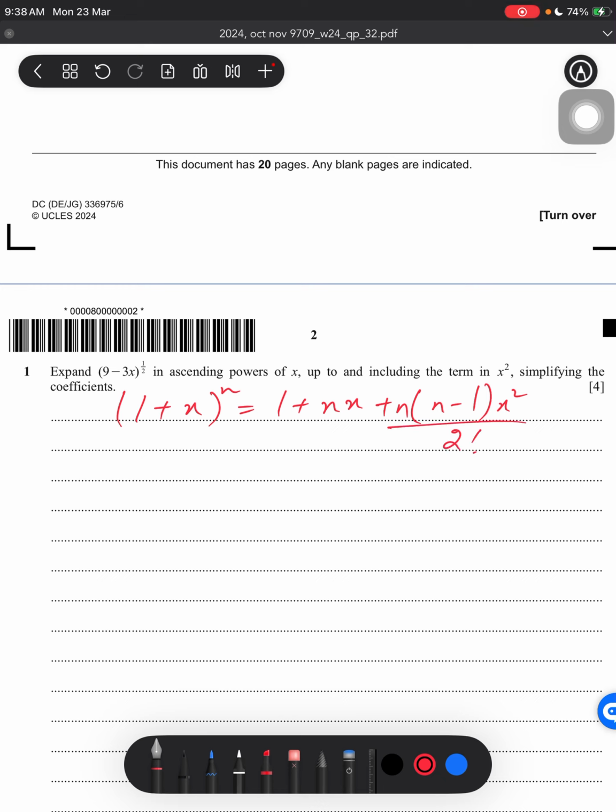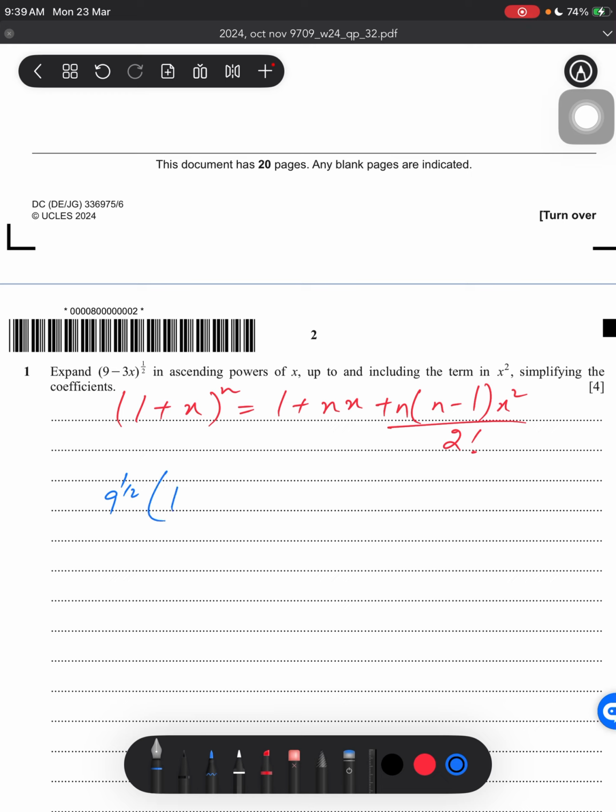So that's the formula. Now instead of the term 1 plus x, we have 9 minus 3x. We need to get this 9 out, and then we can simply solve it. First of all, let me take 9 to the power half common.